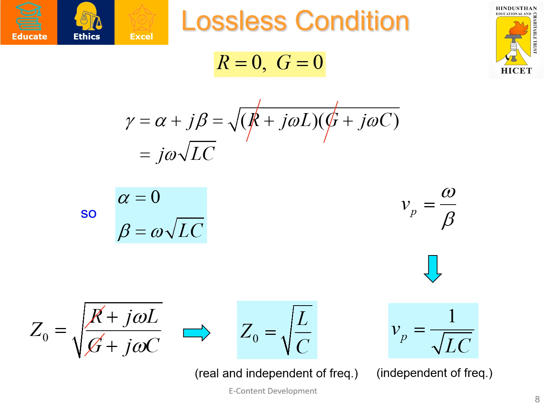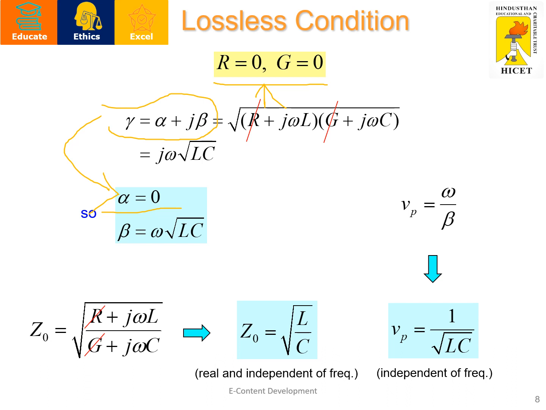Lossless condition. The lossless conditions are R equal to 0, G equal to 0, and the other is alpha equal to 0. Based on the equations, if it consists of RLGC, I can prefer R equal to 0 and G equal to 0. And if it is based on the propagation constant, I can go with alpha.